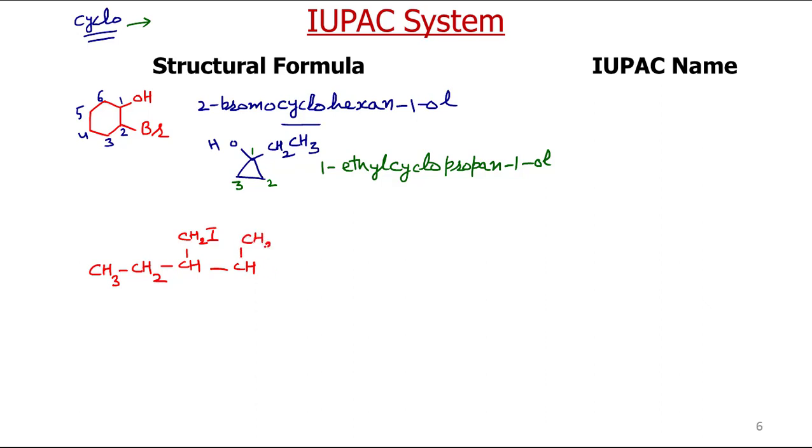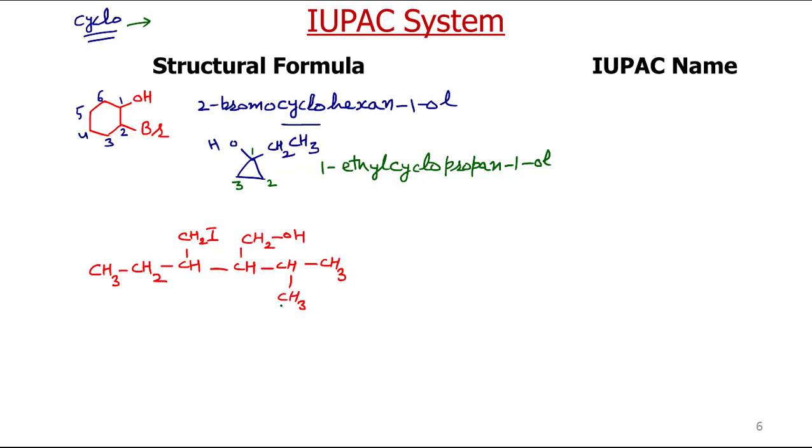We have a substituent here, CH2OH, CH3, CH3. So first of all, what we have to do is choose the longest chain which should contain the OH group. So let us see.